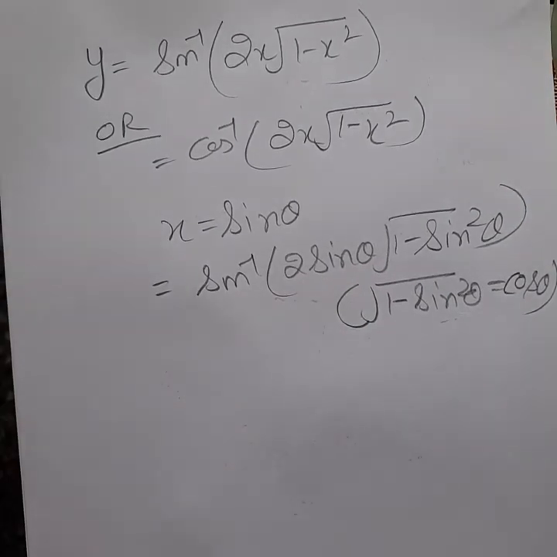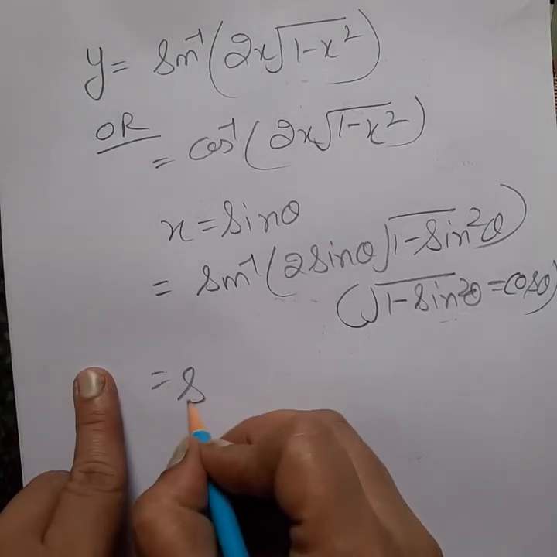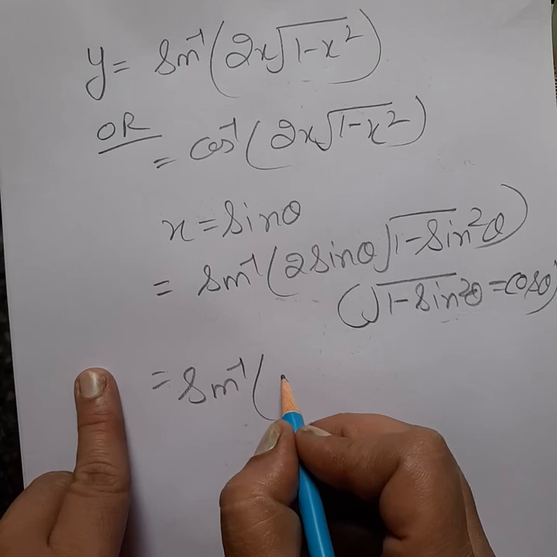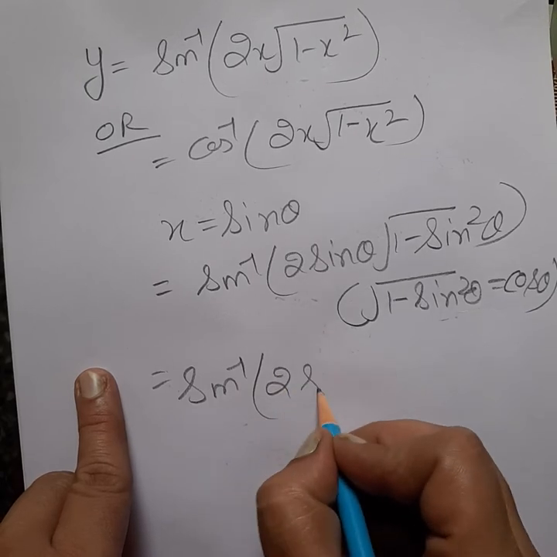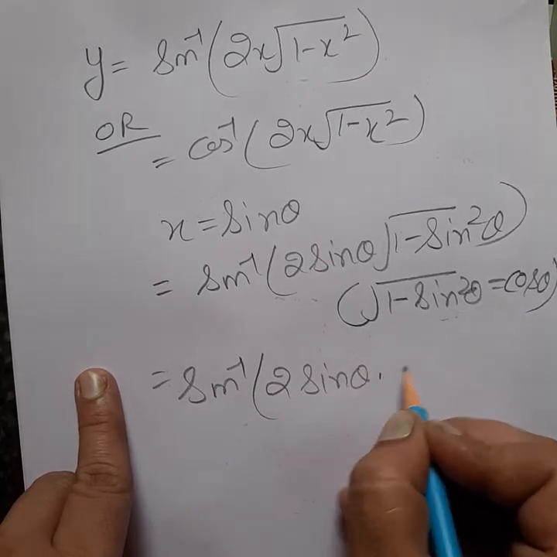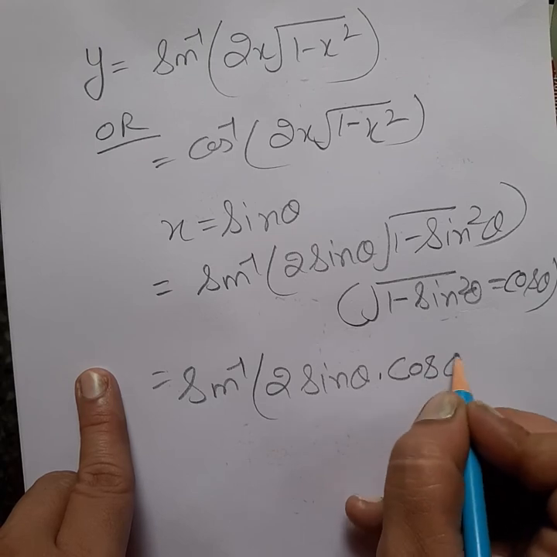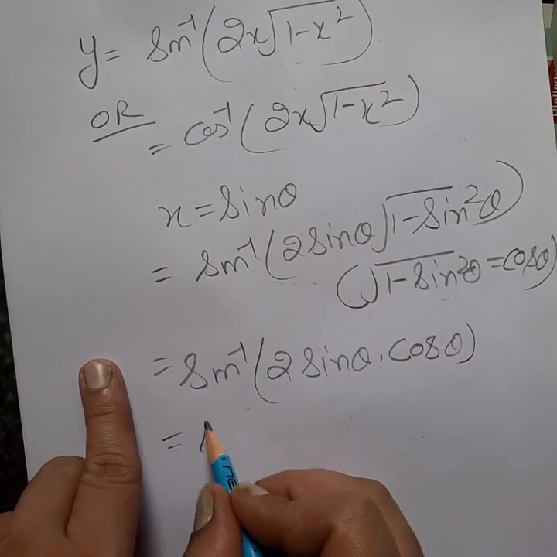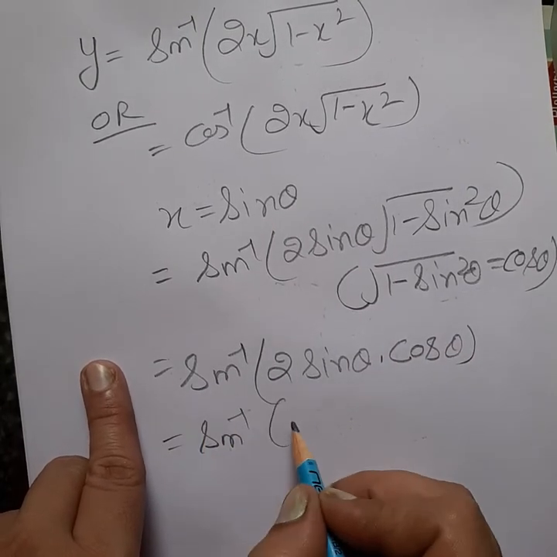Okay, so now we get sine inverse of 2 sine theta into cos theta, and this is the formula of sine 2 theta.